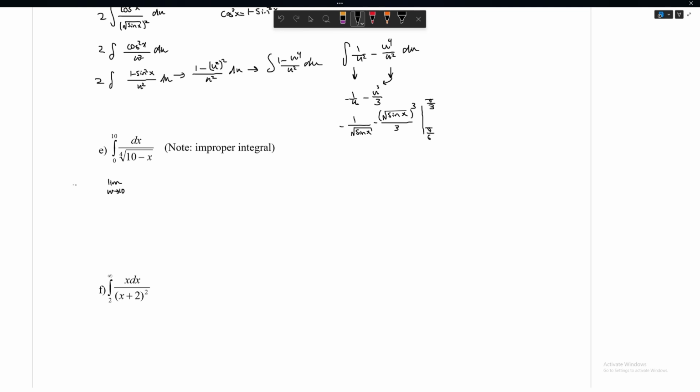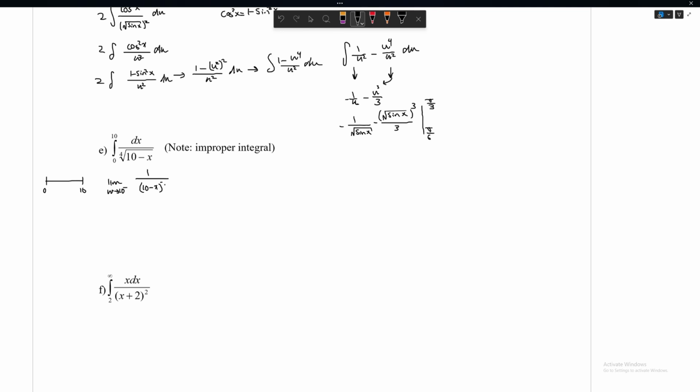Okay. Now, am I approaching 10 from the left or from the right? So I'm going from 0 to 10. So clearly, I'm approaching from the left. All right. Now, dx, what I'll have here is now 1 over root 10. So actually, this is a root, so negative 1 over 4.